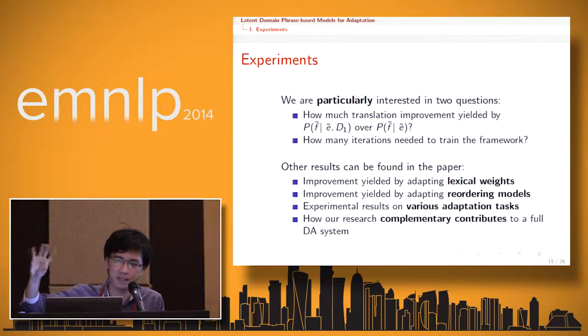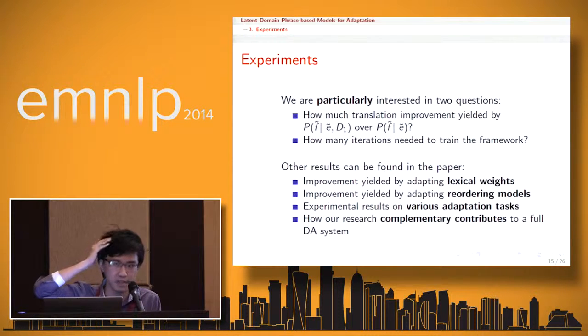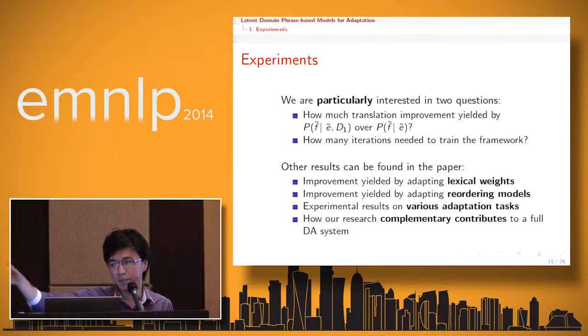And the second question is how many iterations are needed to train the framework. All the results can be found in the paper, like how we can adapt lexical weights, how we can adapt reordering models, the results on various adaptation tasks, and how our research complementarily contributes to a full domain adaptation system.